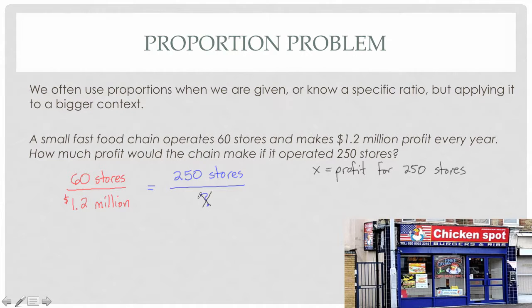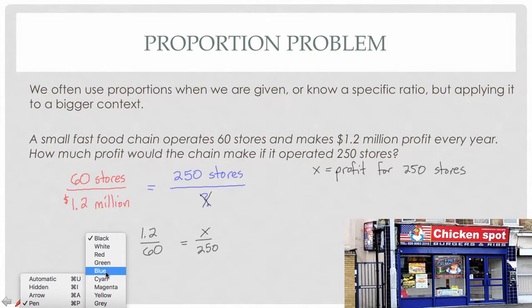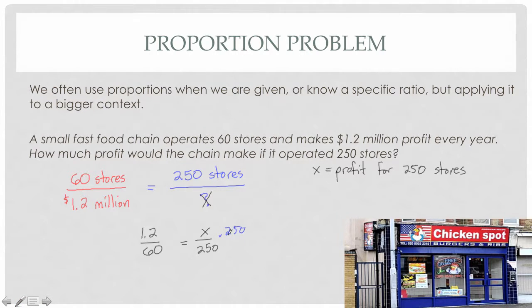Okay, to solve it, I need to get x by itself. I need to rearrange this thing. I can rewrite it with x on top. So I can say, well, x over 250 then is the same as 1.2 over 60. And then to get x by itself, right now it's being divided by 250, so I'm going to multiply both sides by 250.